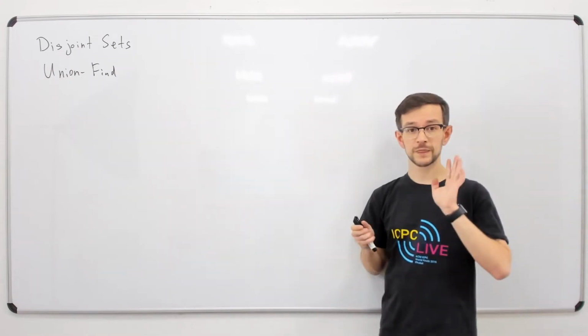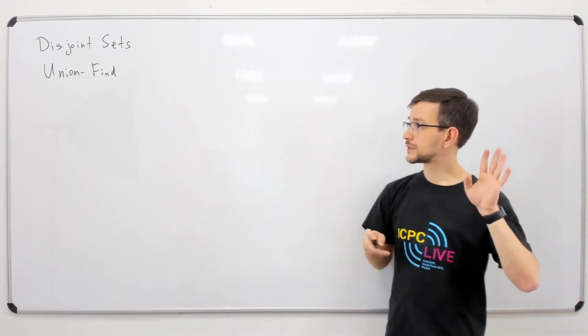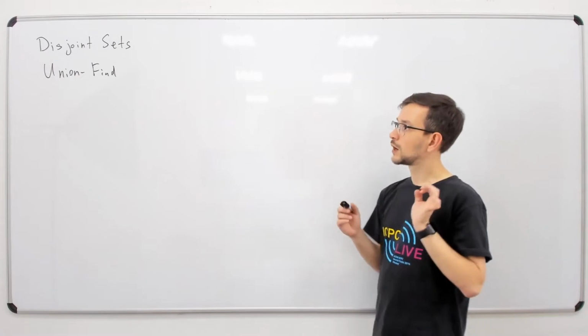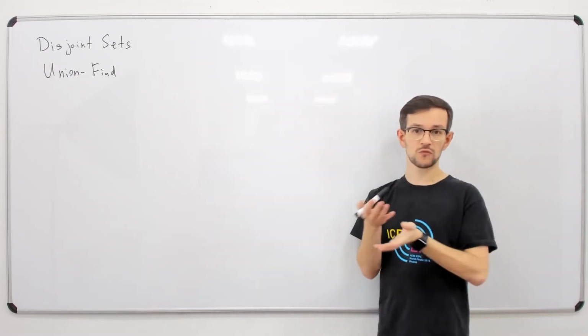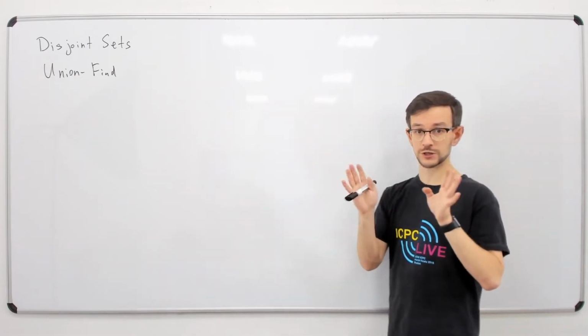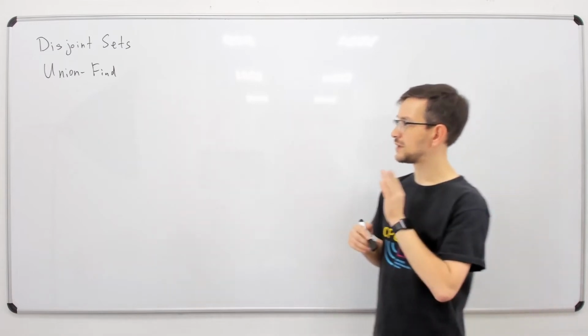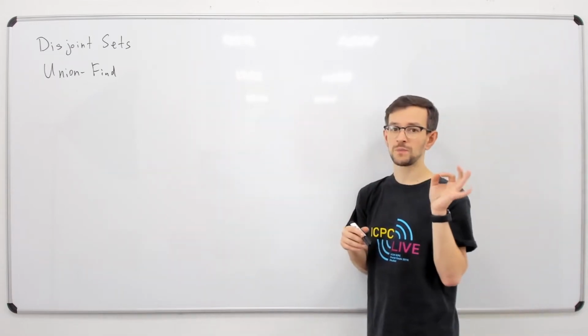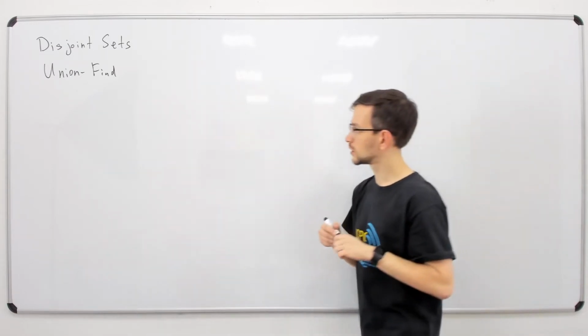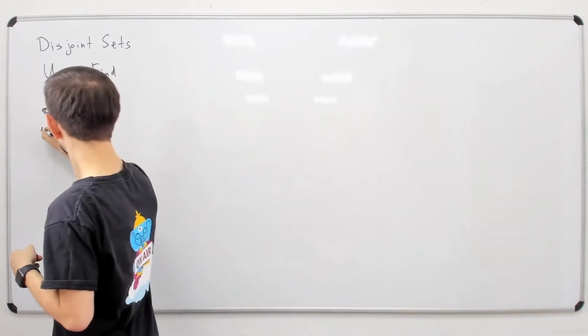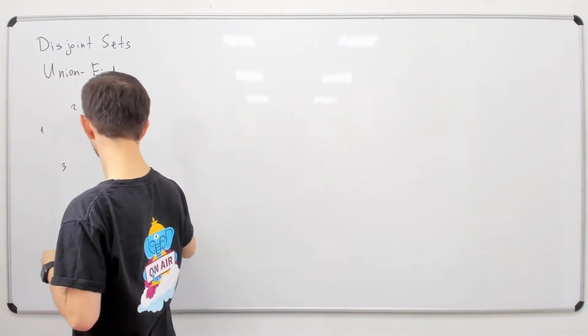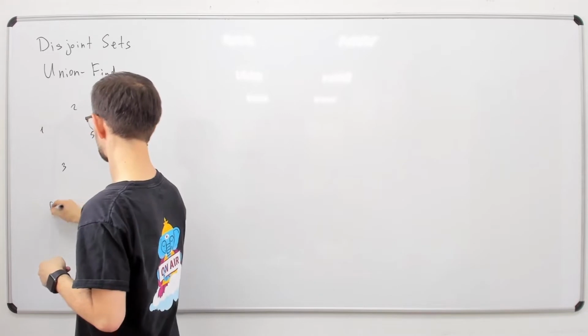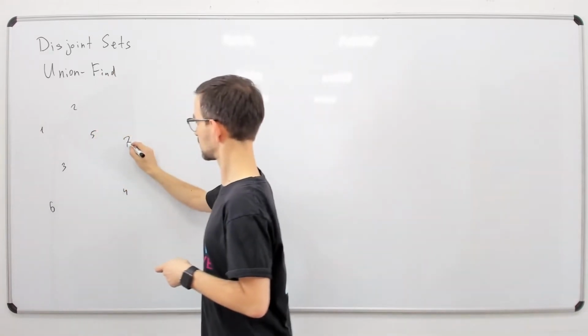So what are disjoint sets? It's a very simple data structure. It maintains a set of some objects. Let's say, for simplicity, that we have some n objects: 1, 2, 3, 4, 5, 6, 7.